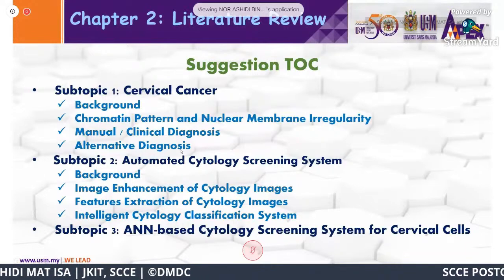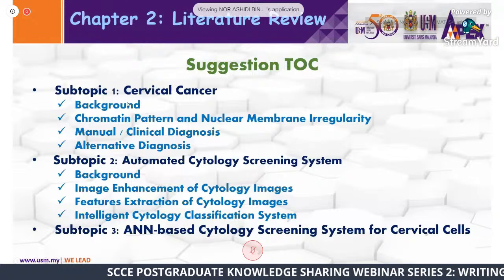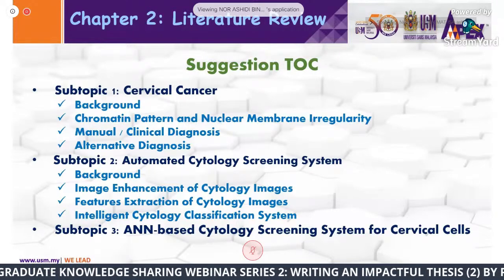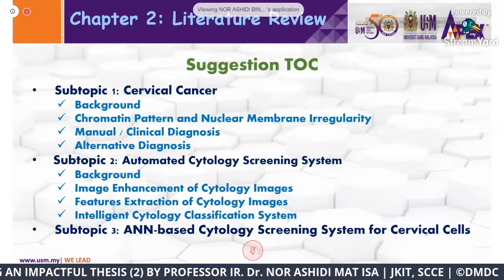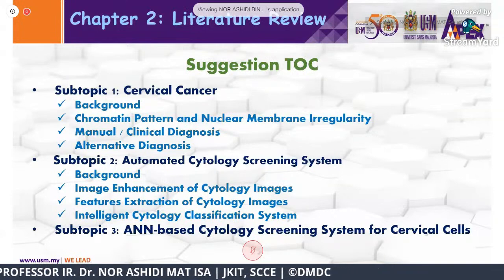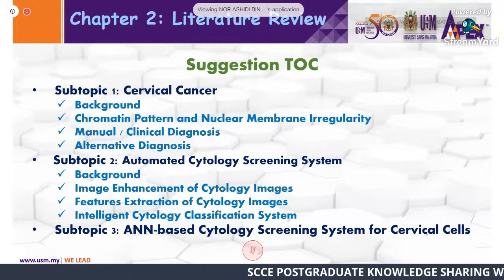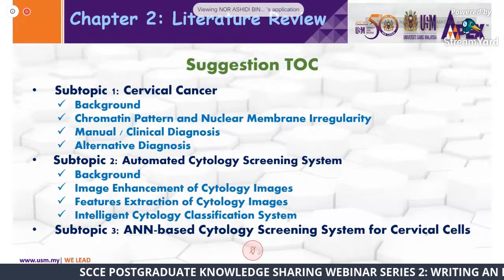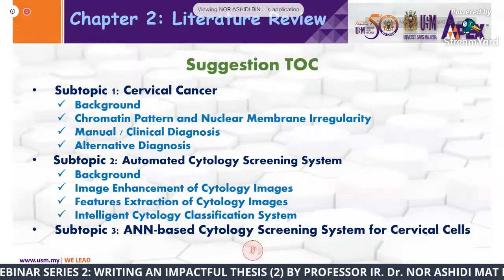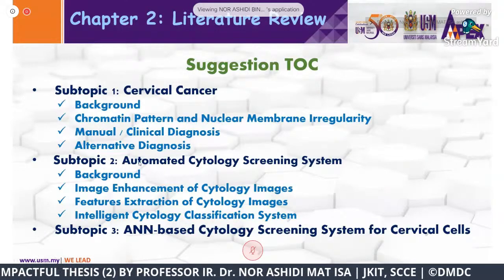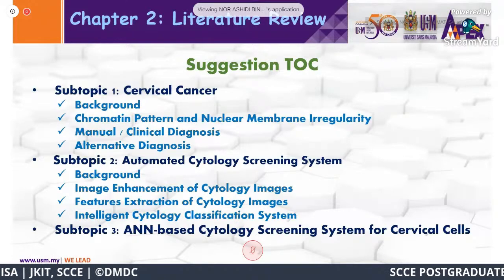We make sure that we organize our literature review from the background. Because cervical cancer is a problem, there is a popular test to reduce the problem, which is called the pap smear. From the pap smear, doctors observe the images through the microscope, and because the images are too small, it is difficult for the doctor to observe clearly the chromatin pattern and also the nuclear membrane.